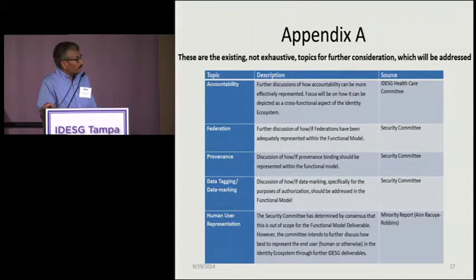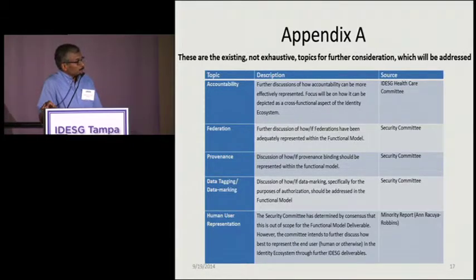The concept of provenance. Data tagging, data marking, these again are also items which have been brought up, and the question is, how do we identify this? Where do we actually talk about data tagging or data marking? I think most of them have to do with, if my understanding is correct, privacy and other aspects.